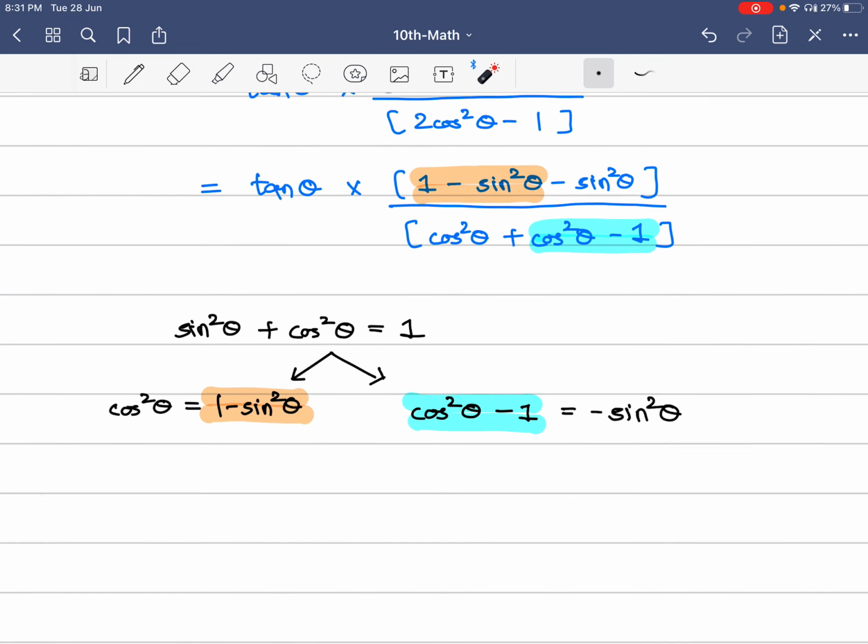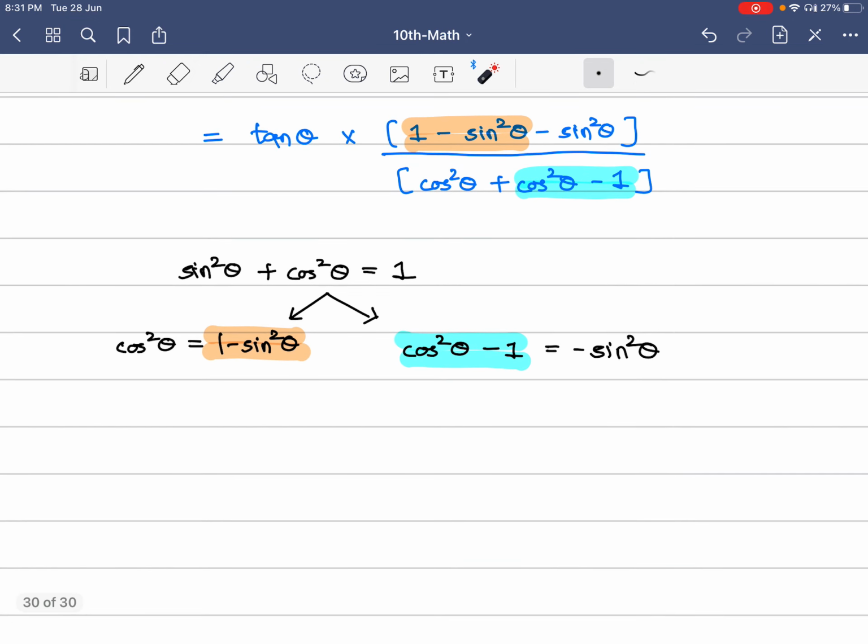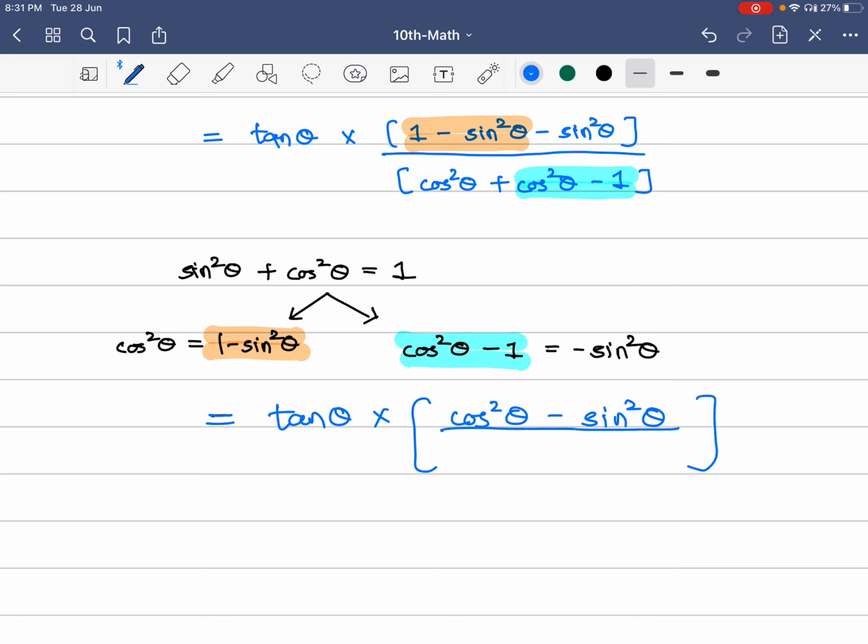So let's continue. So that is equal to tan theta as it is, multiplied by, what is 1 minus sin square theta? It is cos square theta minus sin square theta, and that is our numerator, and in the denominator we get cos square theta minus sin square theta.